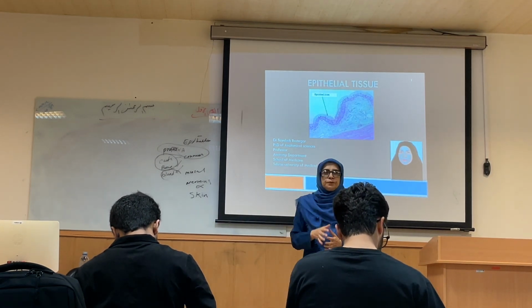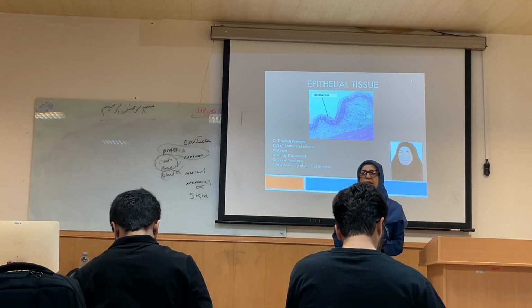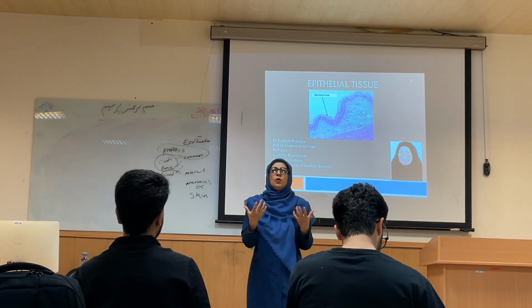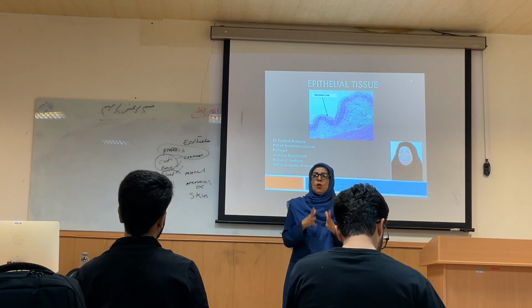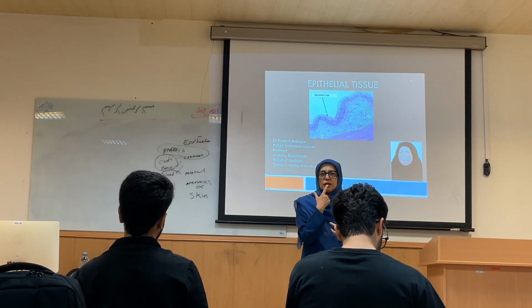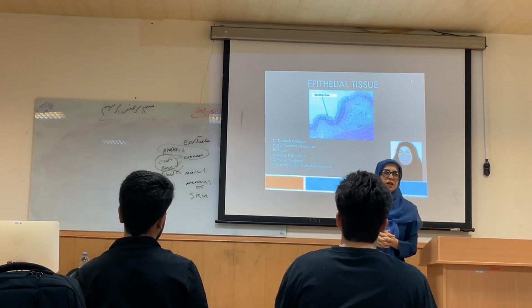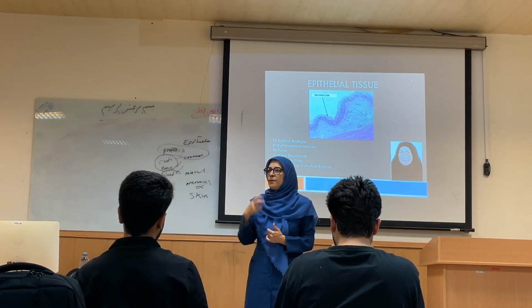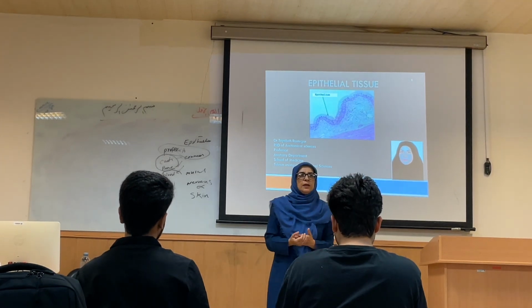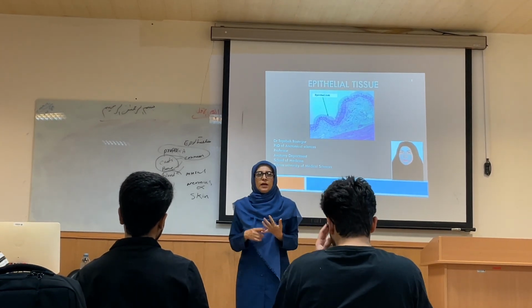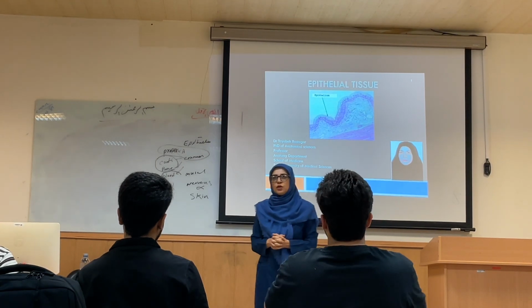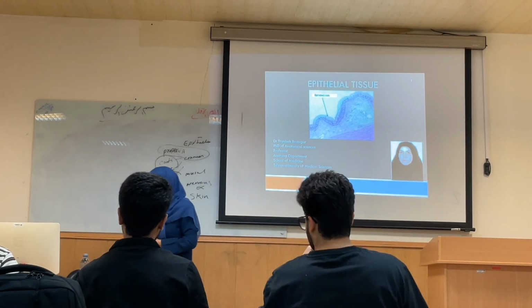Also, there are some organs inside our body that have a lumen or a cavity, such as all of the organs in the GI system: oral cavity, esophagus, stomach, intestine, or the trachea. All of these lumens are also lined by the epithelial tissue.